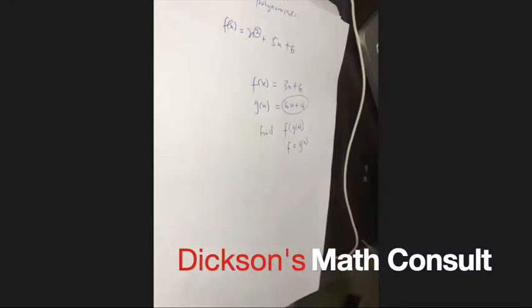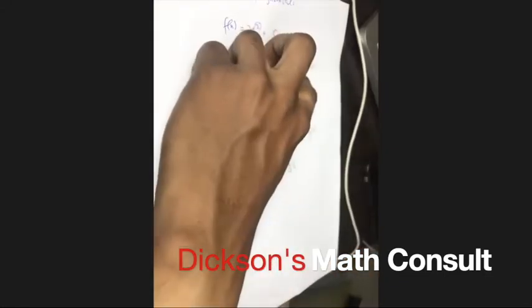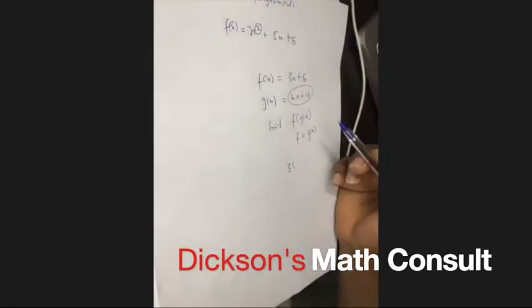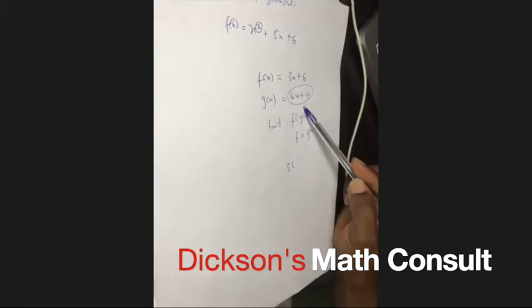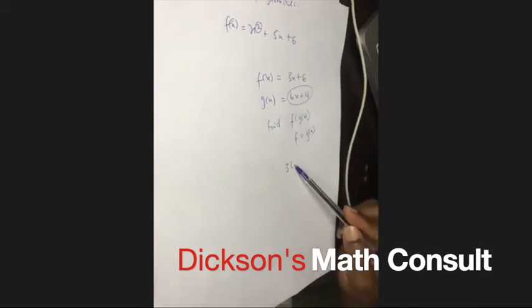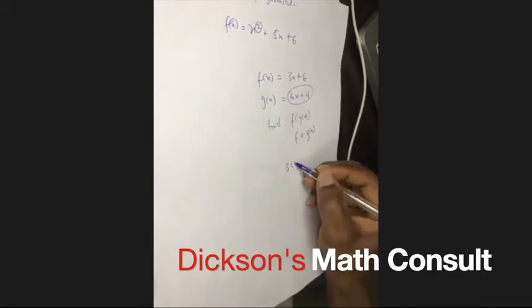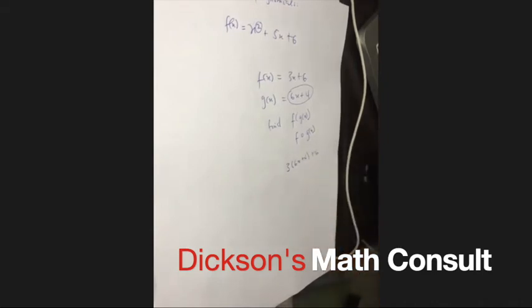Very, very easy. So now this is going to be 3. Then I open a bracket because x is here. So I am going to fix in the whole expression for g of x inside. So I have 3 times 6x plus 4, plus 6.